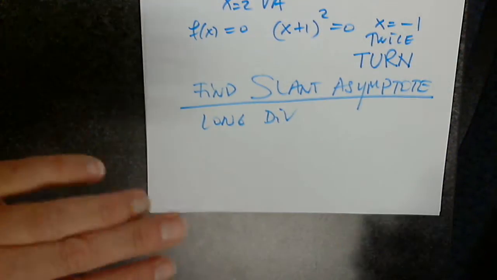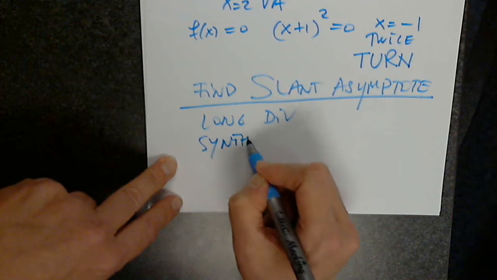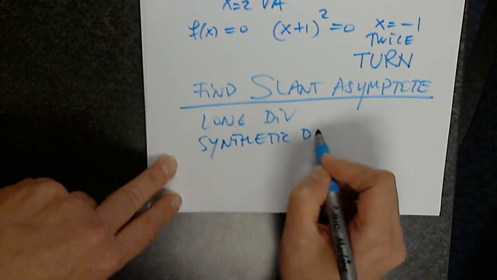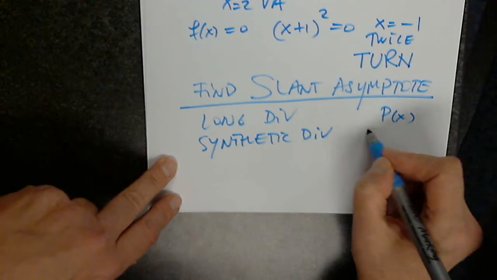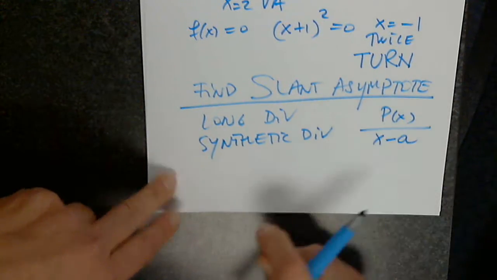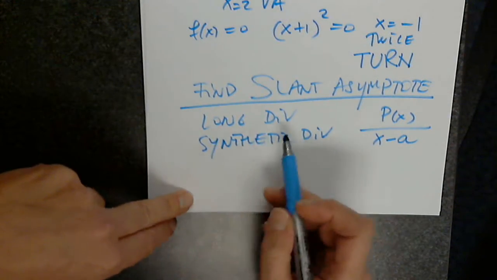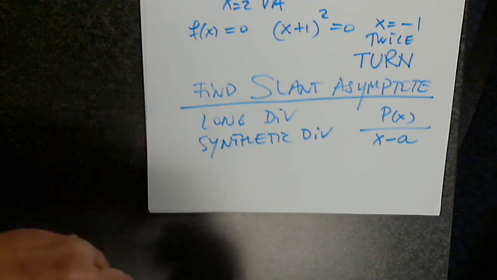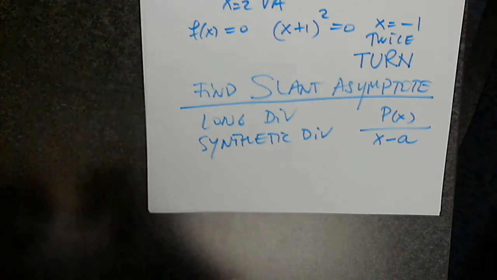That works in all cases, and in limited cases, synthetic division. Synthetic division works only when I have a polynomial divided by x minus a number, which is our case. So we can use synthetic or long, and you tell me what you want. Oh, I don't know how to do either one. So. Okay, we can do both.